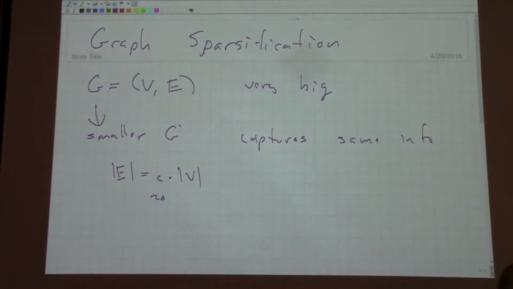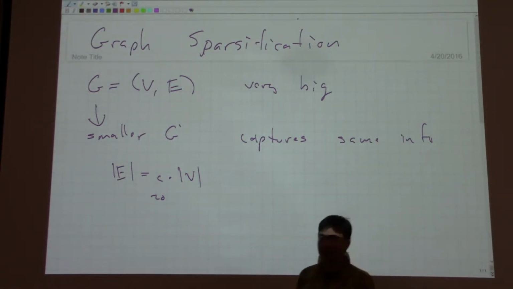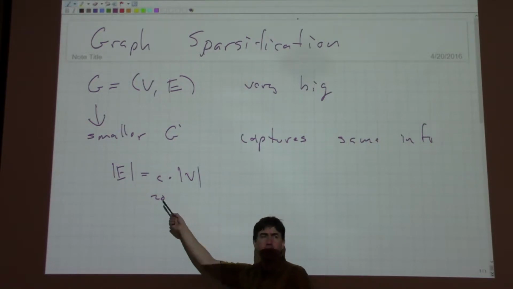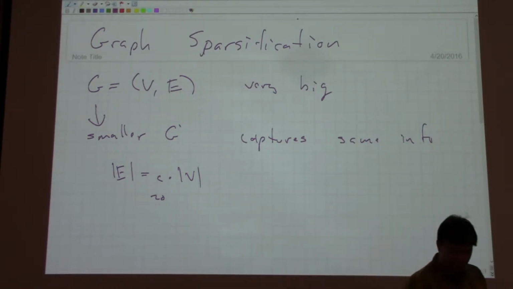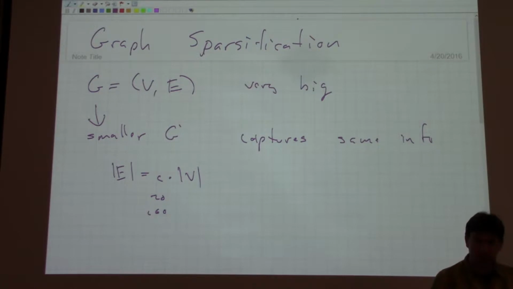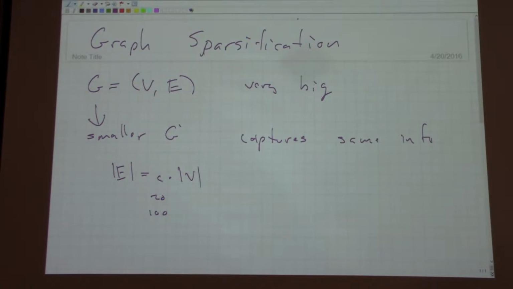How many friends do you have on Facebook? That's probably larger, on average maybe closer to 100. How many links are there on a web page? Maybe that's closer to 20 on average. So one question is, what are the right constants? How do we measure this per graph? Well, it's not hard to count this value. If you have the whole graph, you can just keep a counter.